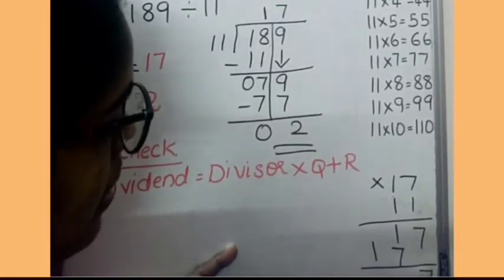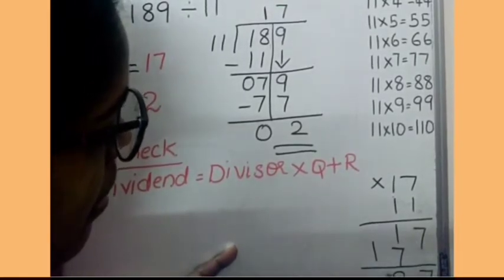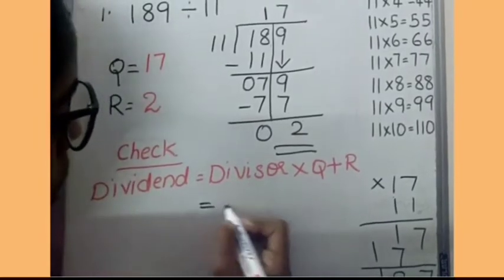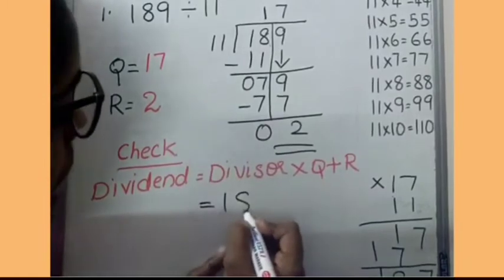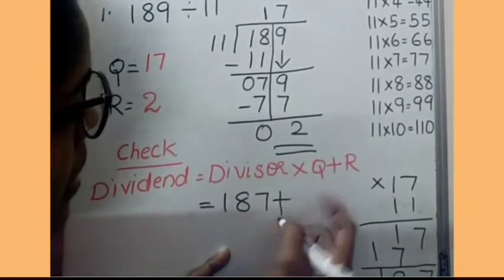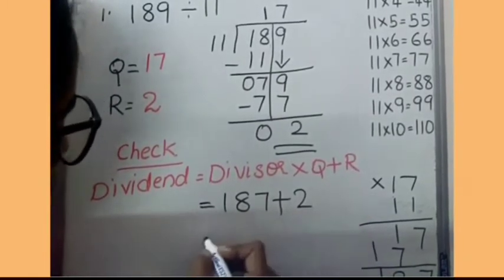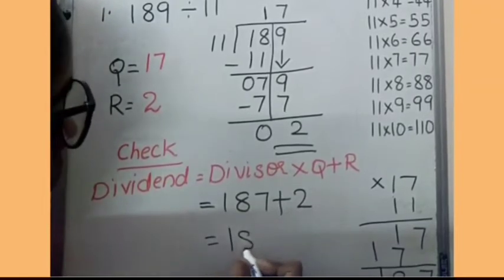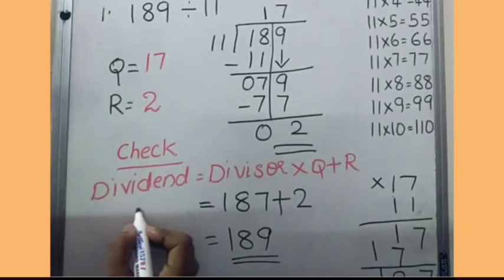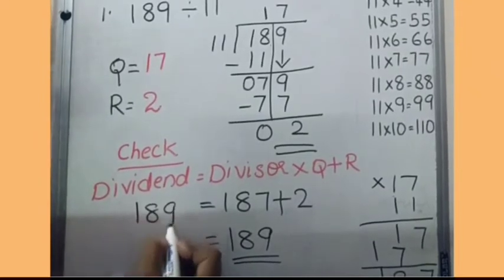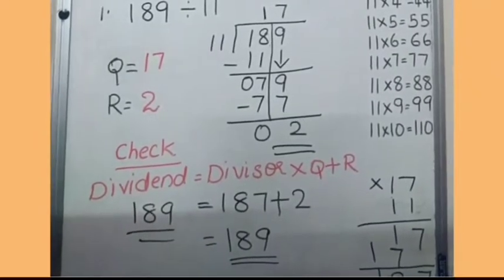Look here. 7, 8, 1. That equals divisor into quotient, 187. 187 plus remainder 2 is equal to 189. Here the dividend is 189. So our answer is correct.